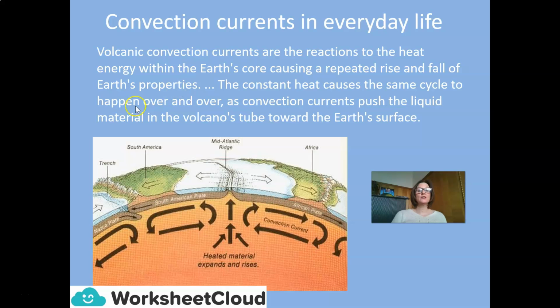So convection currents push the liquid material in the volcano's tube towards the Earth's surface. And here you can see the convection currents happening. The heated material here expands and rises, and we have the warm currents coming upwards and the cooler currents moving downwards.